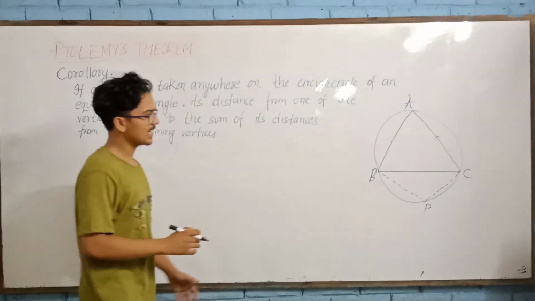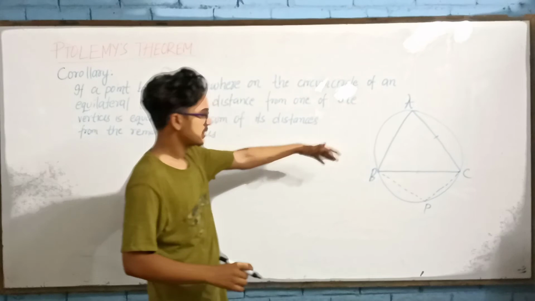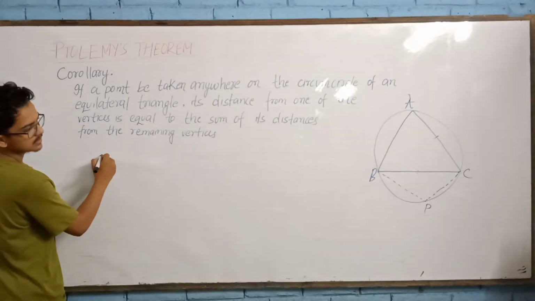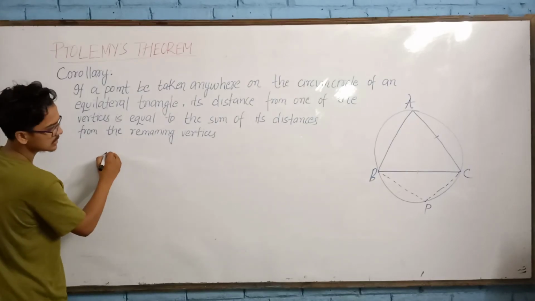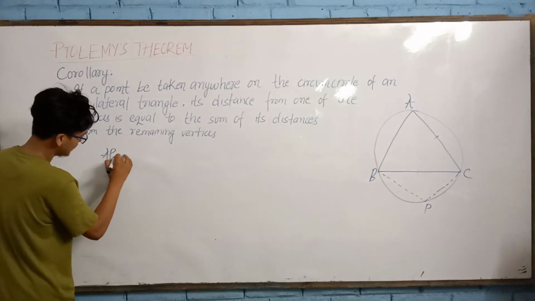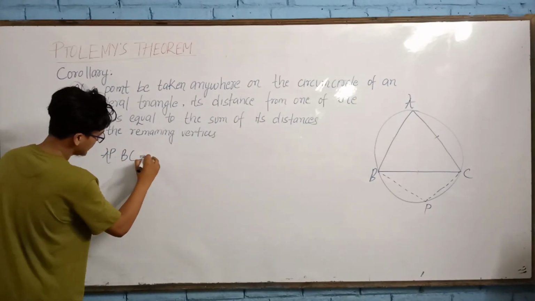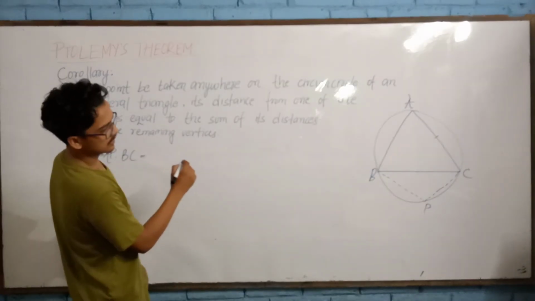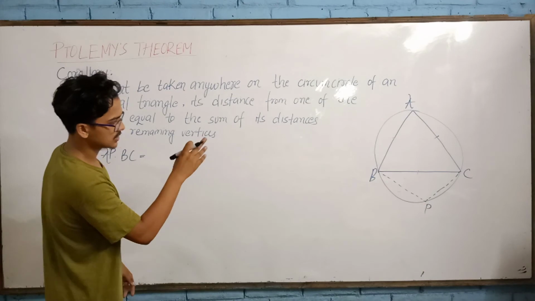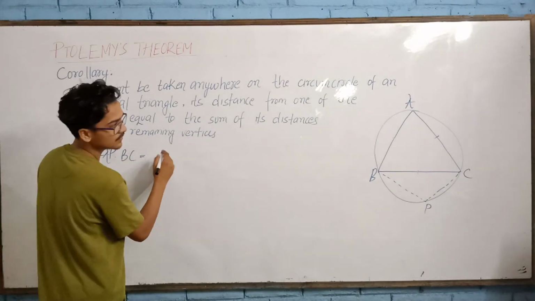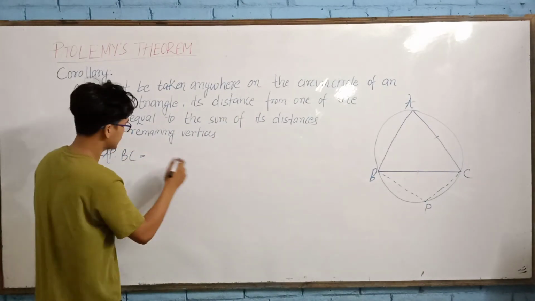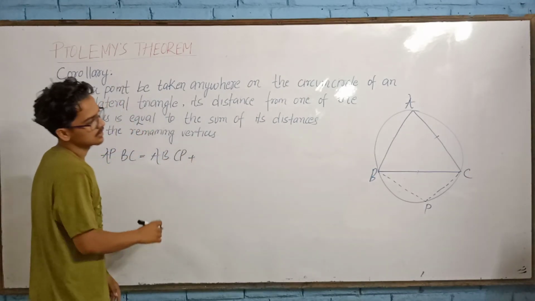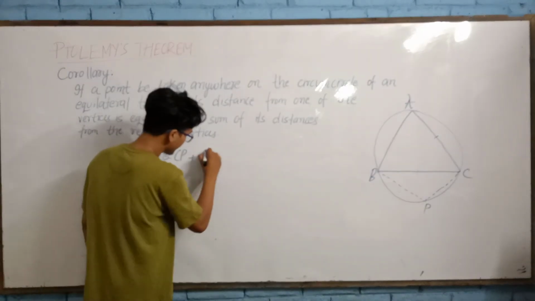So if we apply Ptolemy's theorem here, then we will get the product of diagonals, that is AP into BC, equals the sum of products of pairs of opposite sides, that is AB into CP plus AC into BP.